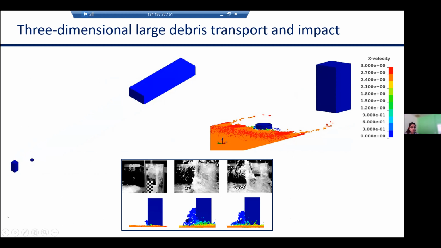In these snapshots, we made a comparison between some snapshots from our numerical simulation and the experimental analysis. The top figures show the snapshots from the experimental setup, and here are the numerical simulations, which reveal that this technique can capture the debris motion, the trend of the debris motion, and the impact on the superstructure with good accuracy.